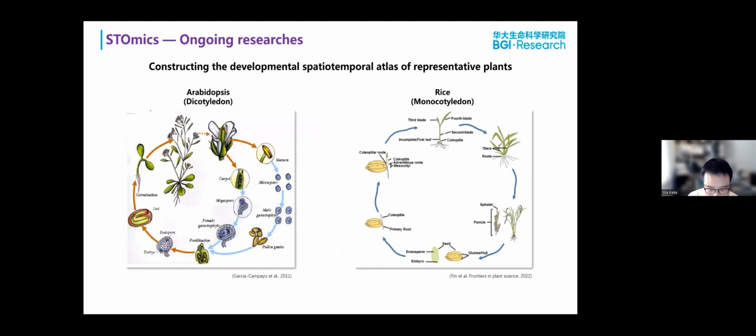To make the results of spatial-temporal omics research available to our researchers, we're building an encyclopedia of plant spatial-temporal omics research. We and our partners have selected two representative species, Arabidopsis and rice, which represent dicot and monocot, respectively.